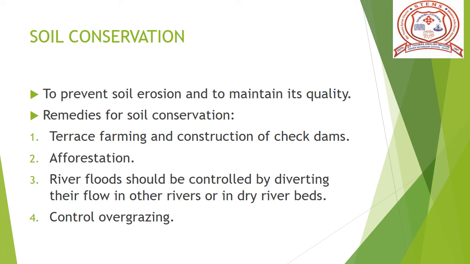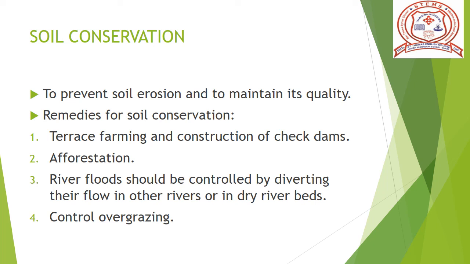These are some of the methods that can be used for soil conservation. Proper discharge and disposal of industrial effluents and waste after treatment can reduce land degradation in industrial areas.